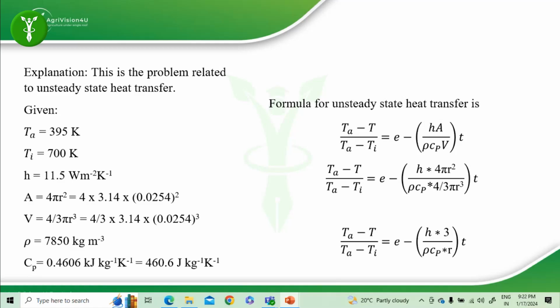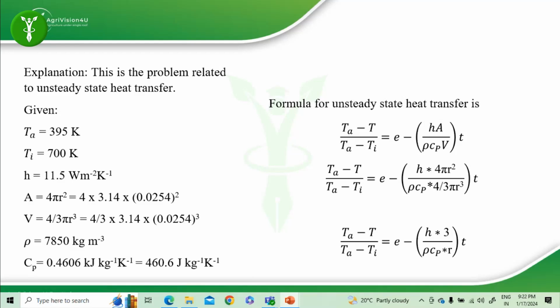As I already stated, this is the problem related to unsteady state heat transfer. Given is Ta as 395 Kelvin and Ti as 700 Kelvin. Then h is equal to 11.5 watt per meter square per Kelvin.